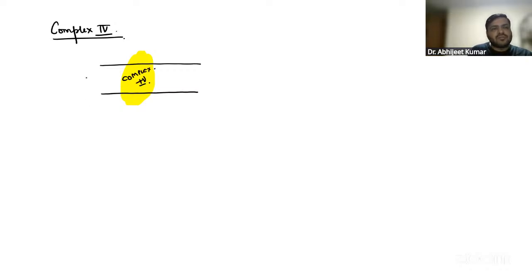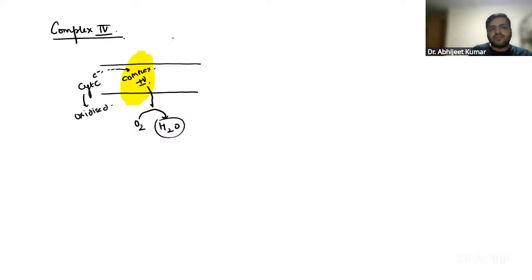Now this cytochrome C, which was carrying that electron, that hydrogen, will now be oxidized. This electron will pass into this complex 4, and that will be accepted by the oxygen, and it will form water.